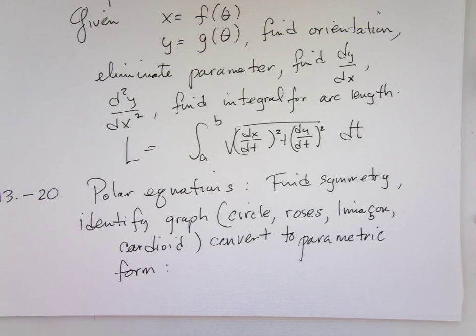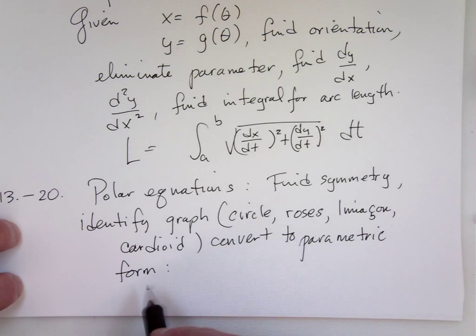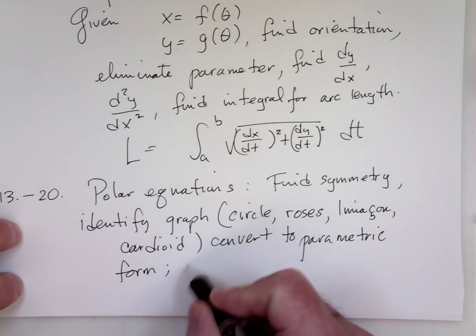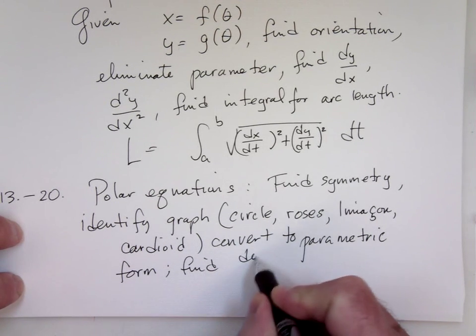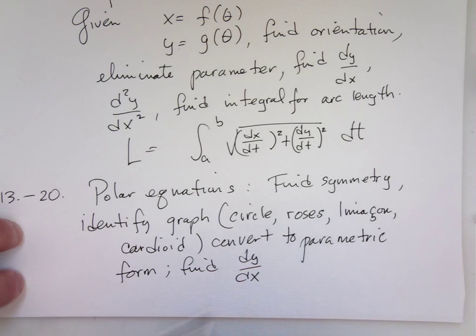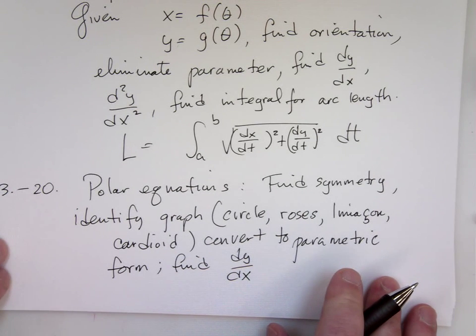In order to find the derivative dy/dx and the slope of a tangent line of a polar equation, we had to convert it to parametric form first, and then find dy/dx by finding dy/d theta over dx/d theta. So you should be able to convert to parametric form, and you should be able to find dy/dx. That's the slope of a tangent line.